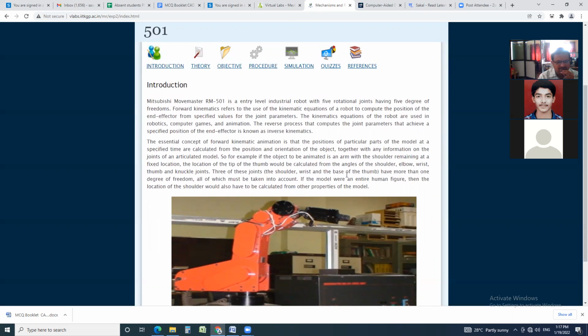The essential concept of forward kinematic animation is that the position of particular parts of the model at a specified time are calculated for the position and orientation of the object, together with any information on the joints of an articulated model.